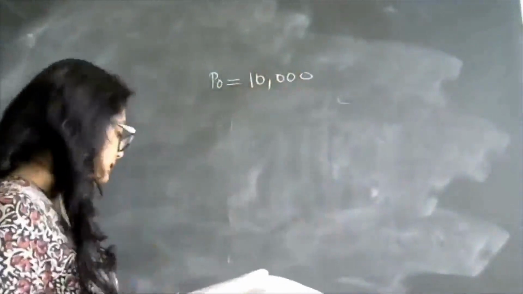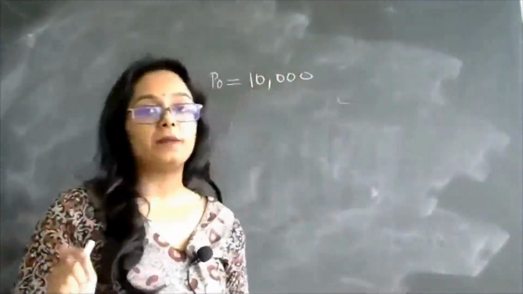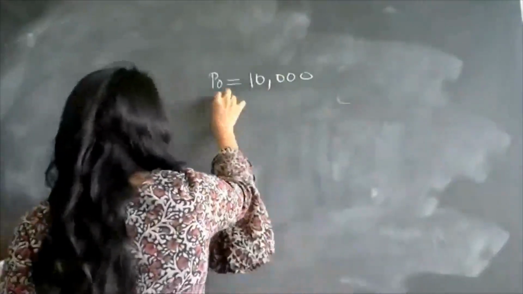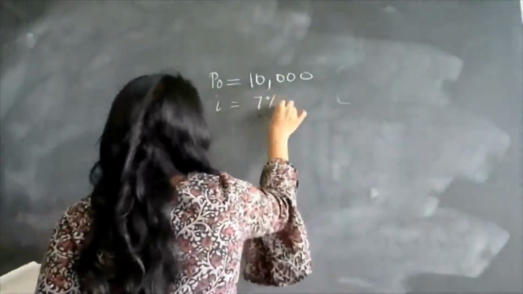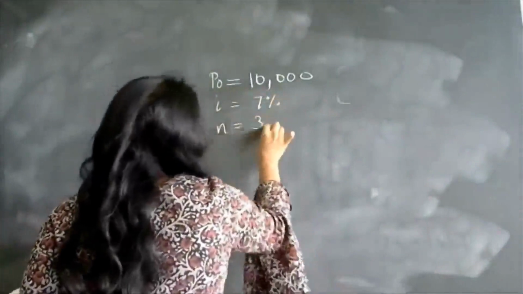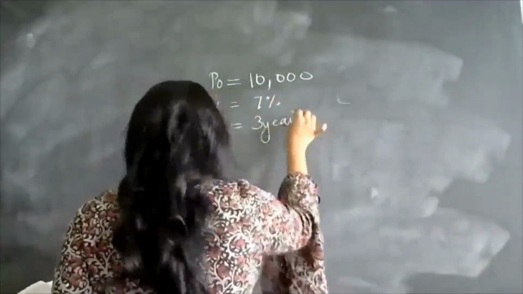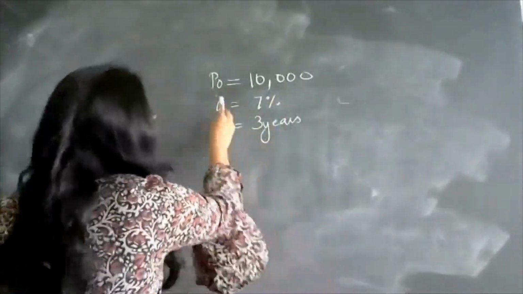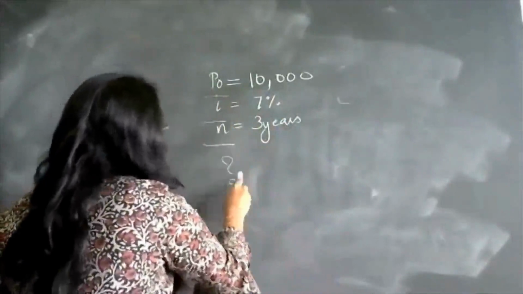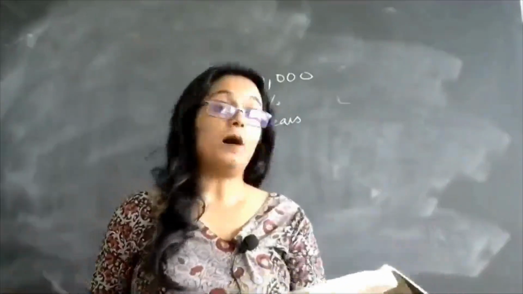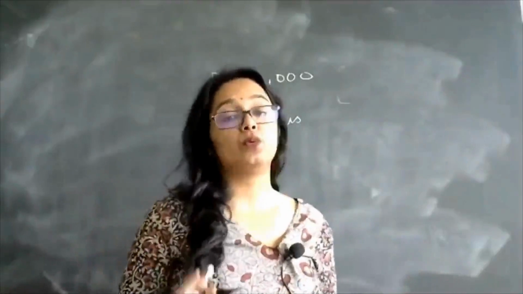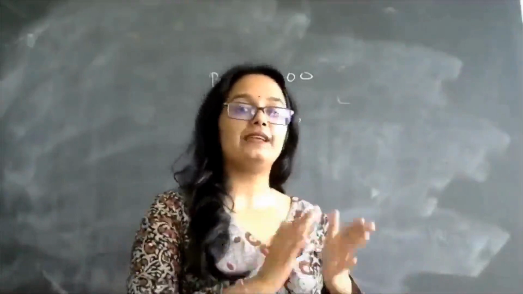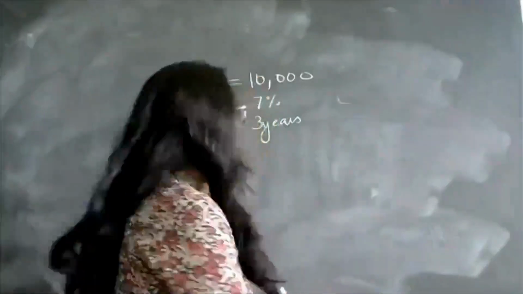And the next thing that they are specifying is that the bank provides an interest rate of 7%. So interest is 7%. And the number of years that they are talking about is 3 years. Okay, so now it is very clear what information is given to you, and they are asking you to find the amount at the end of those 3 years.